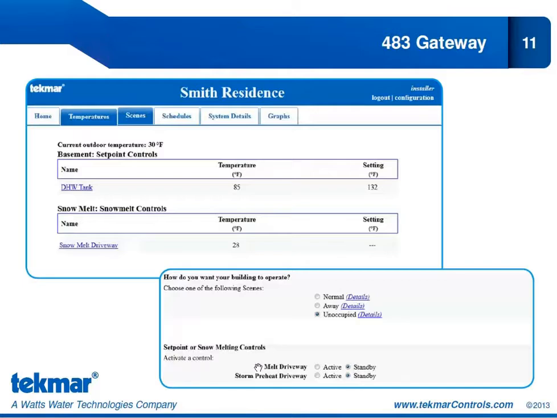So I can put my driveway into the melt state by clicking on active. I can also put my driveway into the storm preheat state by clicking on active. So this is the functionality that you would see on your gateway if you connect the 654 to the gateway 483.